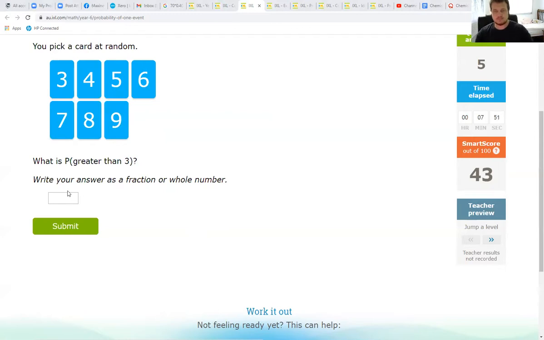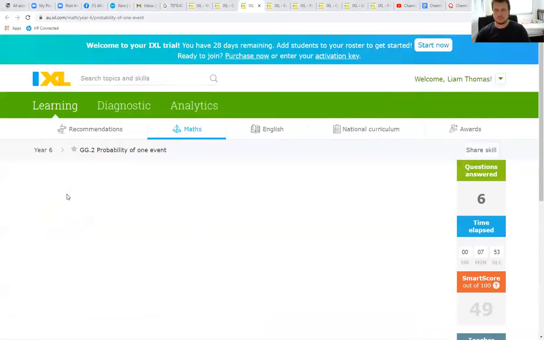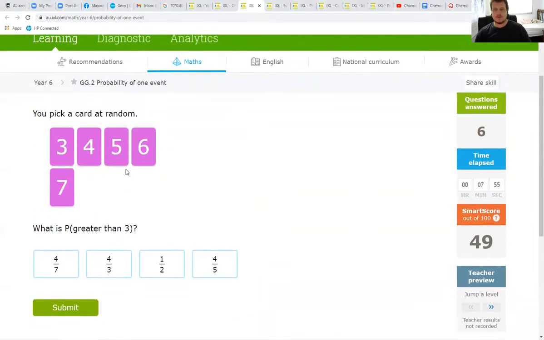Six out of 7. So what is the probability that this one is greater than 3? Four out of 5.